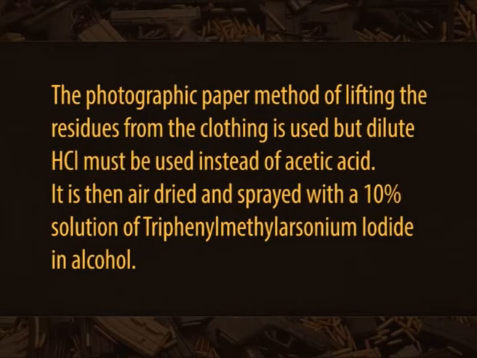The photographic paper method of lifting the residues from the clothing is used, but dilute HCl must be used instead of acetic acid. It is then air dried and sprayed with a 10% solution of triphenyl methyl arsonium iodide in alcohol. An orange coloration appears showing positive reaction for the presence of antimony.